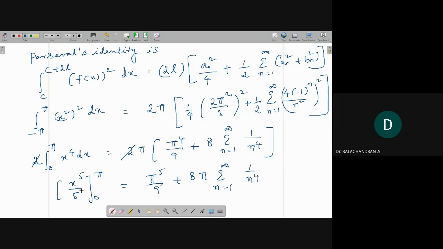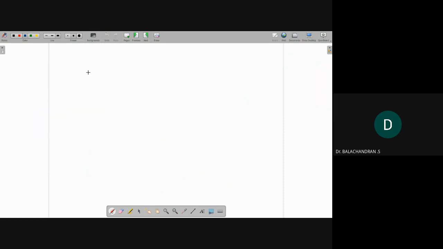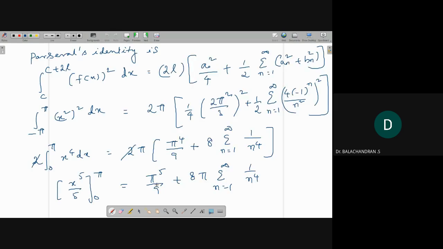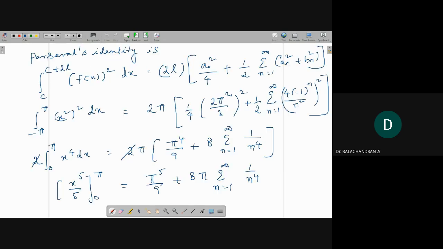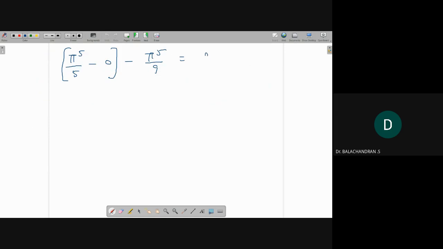So pi power 5 by 5, upper limit minus 0, minus pi power 5 by 9, equal to 8 pi into summation n equal to 1 to infinity 1 by n power 4.